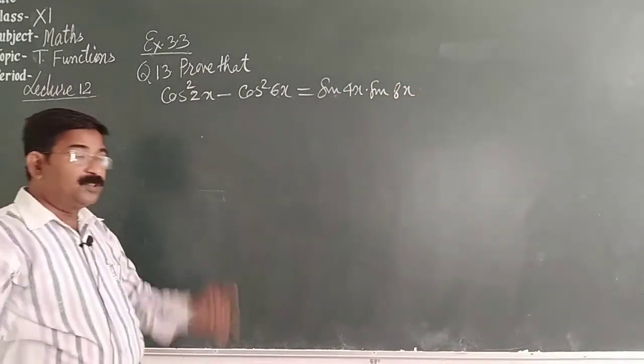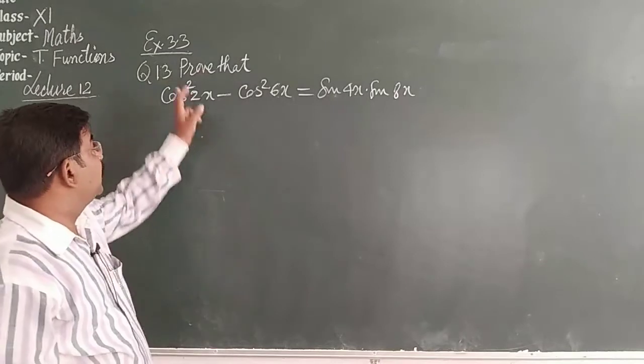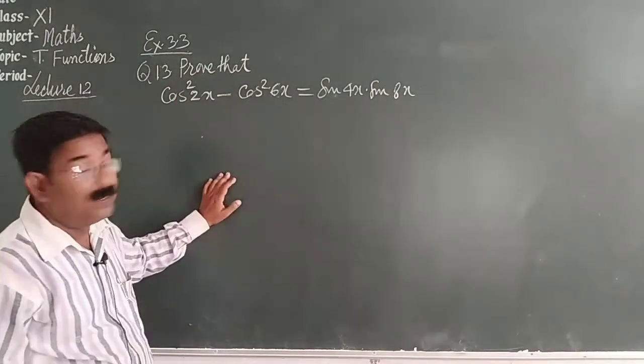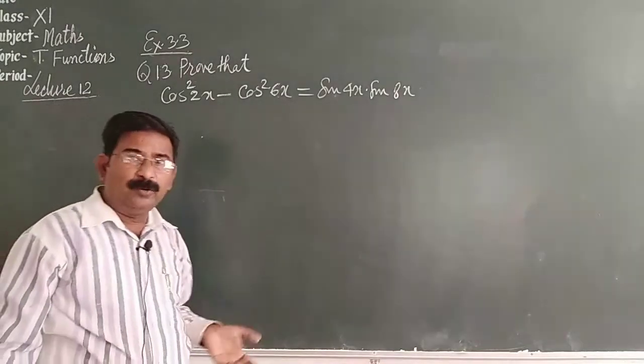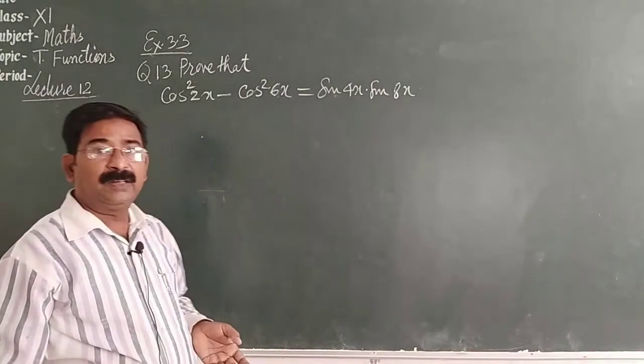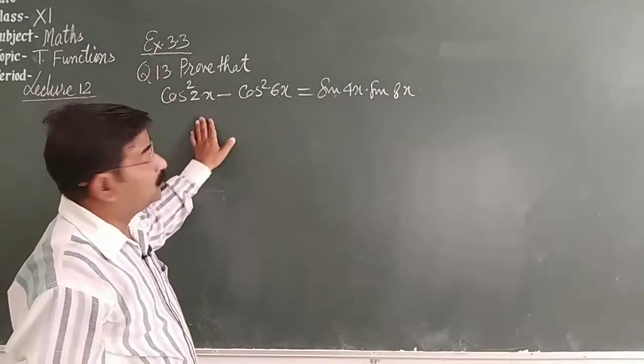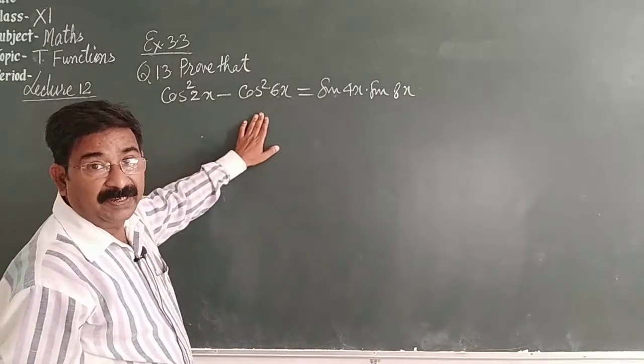In the previous question we had the formula of sin square a minus sin square b. Here we have cos square a minus cos square b. We can use the direct formula, but better you can convert this into sine.